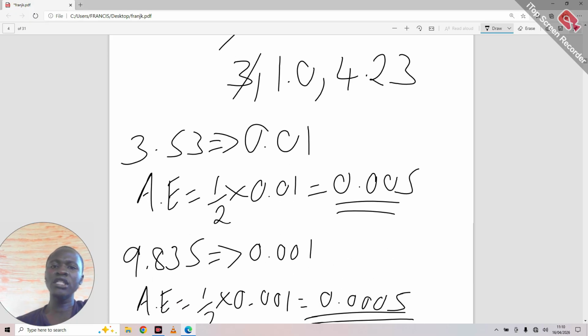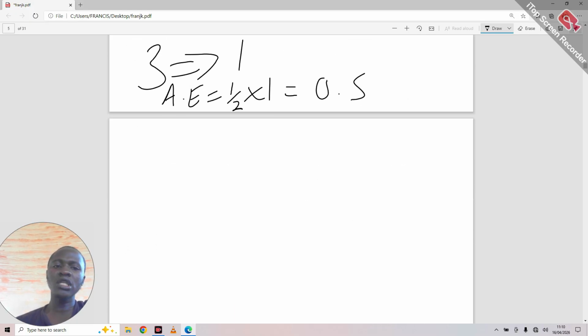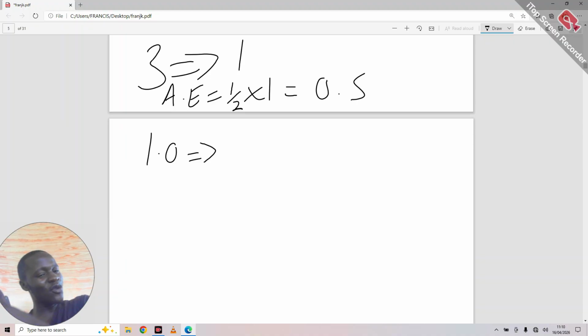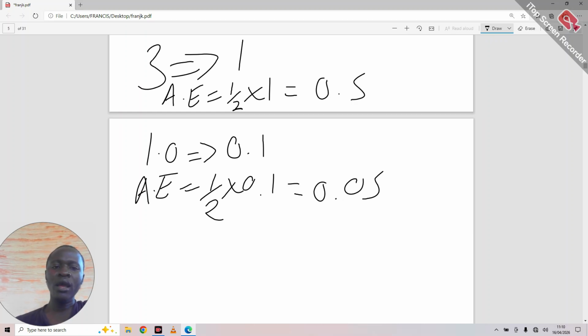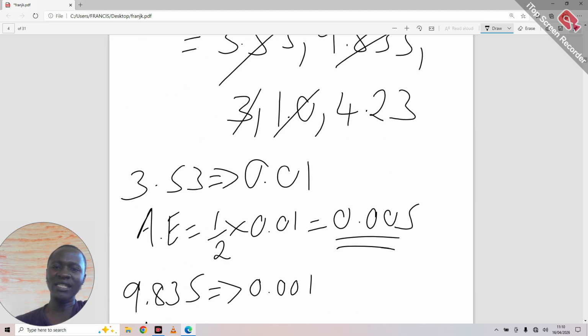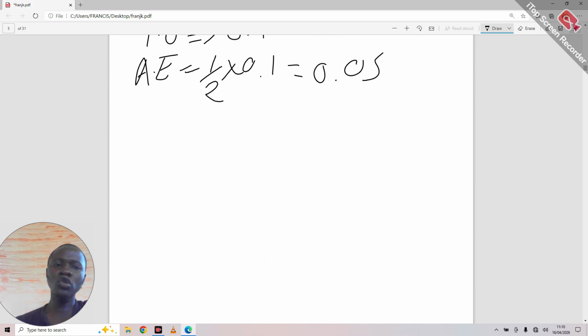We have 1.0. The accuracy in 1.0 is not 1, rather it is 0.1. So the absolute error will be a half multiplied by 0.1, which will be 0.05.